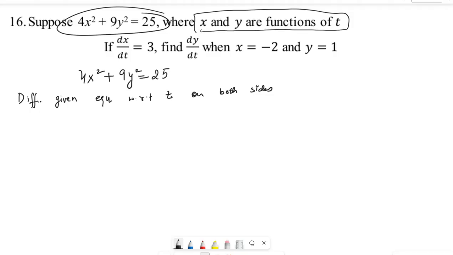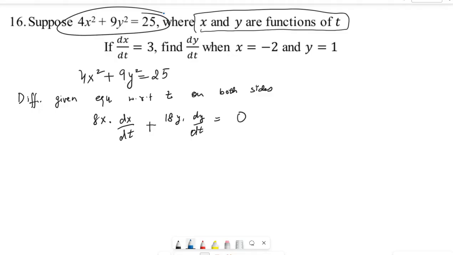So when you differentiate 4x squared, the answer would be 8x times dx by dt, because x also is not an independent variable here. X is a function of t, plus when you differentiate 9y squared, it will be 18y times dy by dt is equal to derivative of 25 is 0.